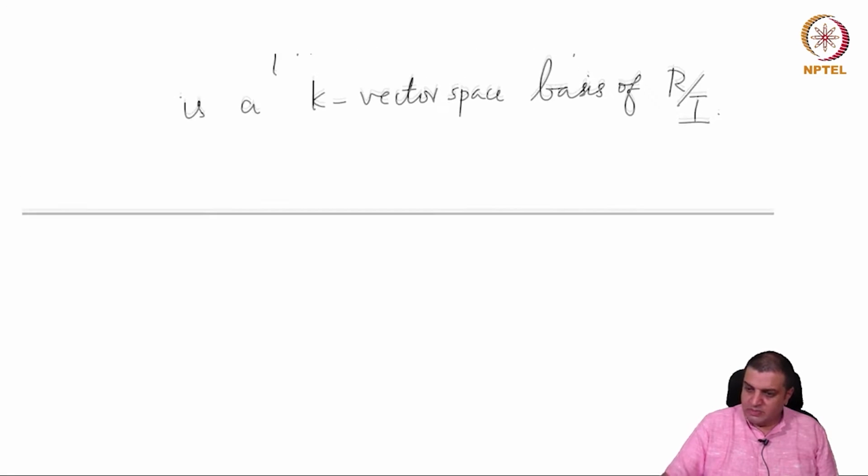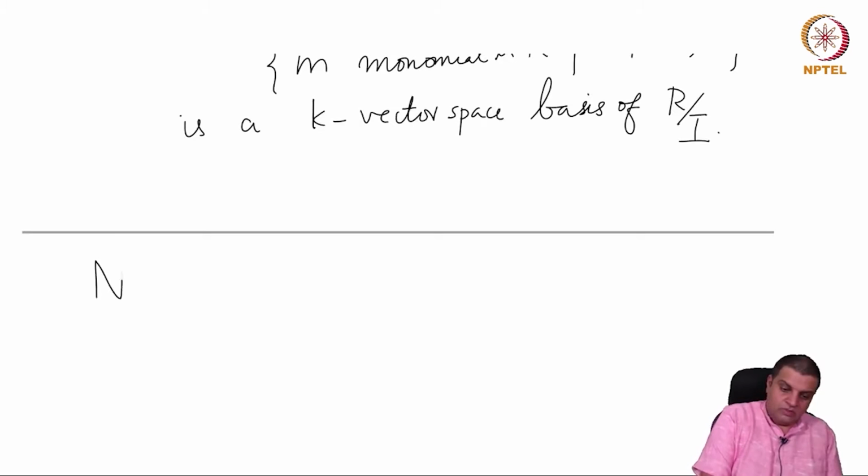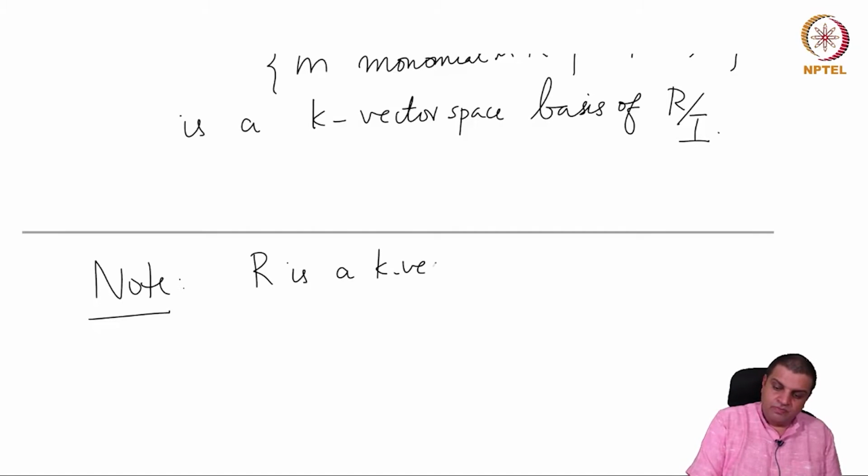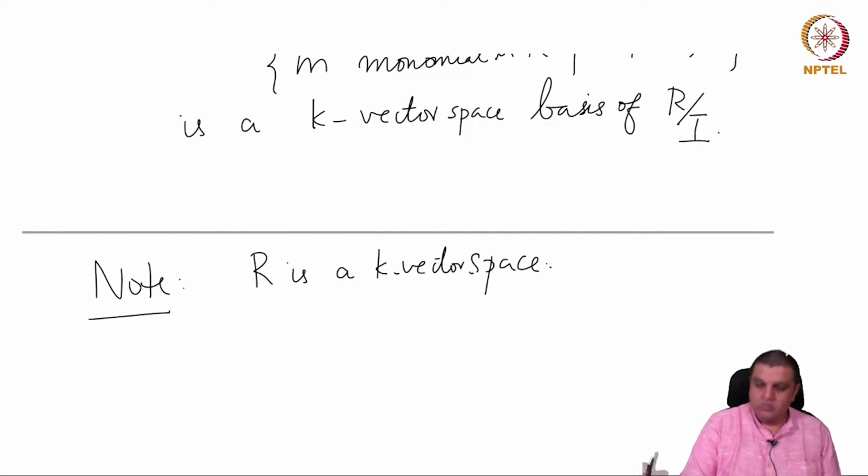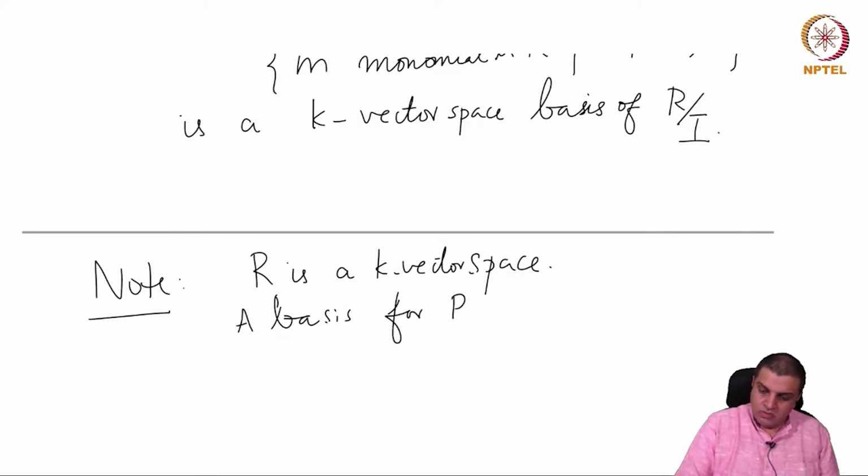Let's make sure we understand what this means. Note, R is a K vector space. A basis for R is the set of monomials.